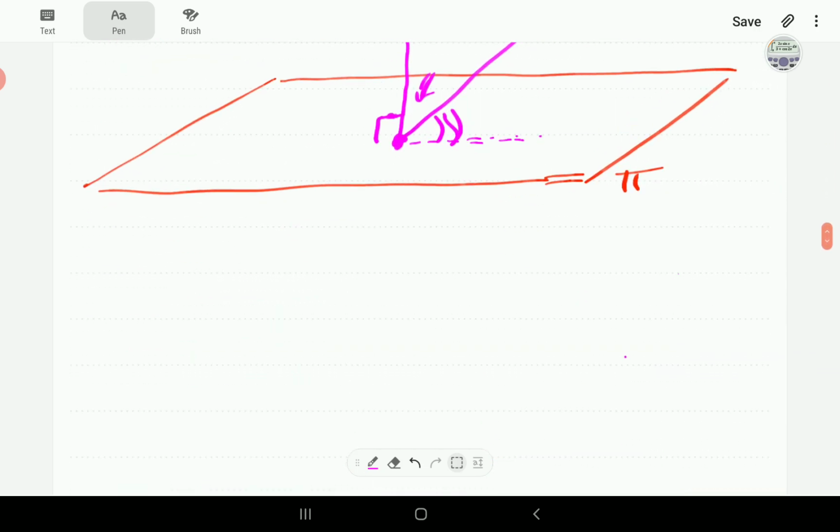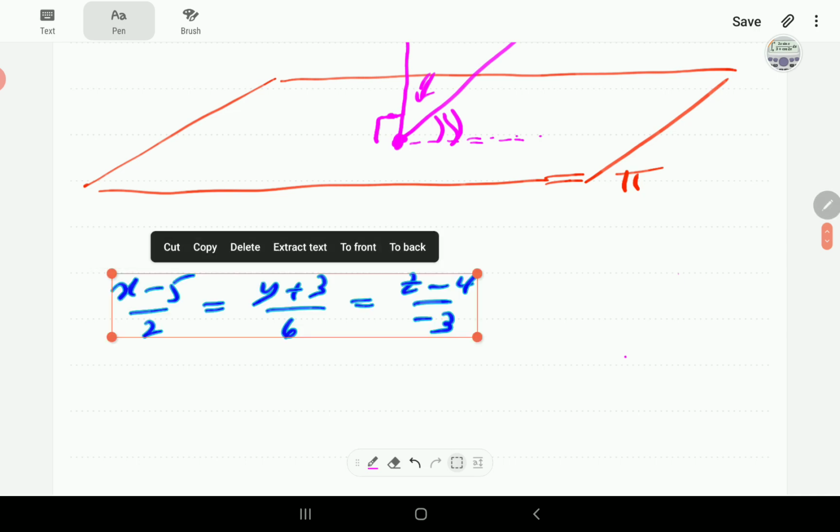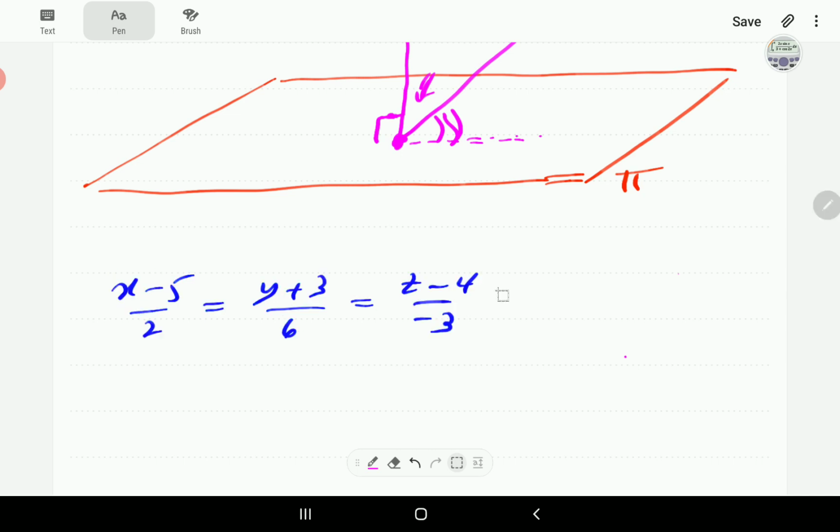So because we know the equation of the straight line, we can express it in parametric form, in which case we are just going to have one variable.